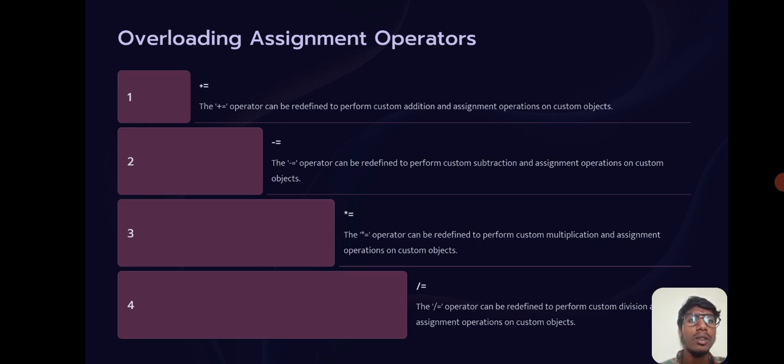The minus equals operator can be redefined to perform a custom subtraction and assignment operation on custom objects. The star equals operator can be redefined to perform a custom multiplication and assignment operation on custom objects. The divide equals operator can be redefined to perform a custom division and assignment operation on custom objects.